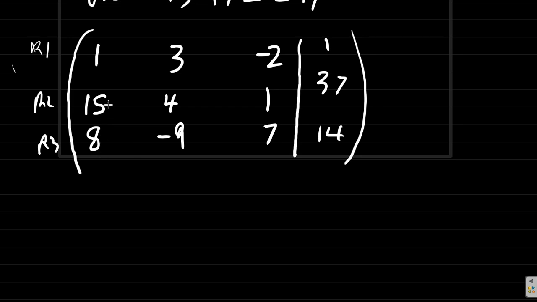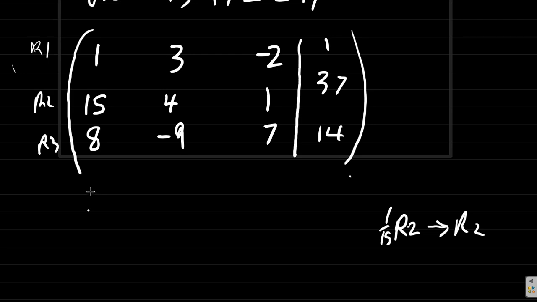Alright? Or what we could do? Divide row 2 by 15. Alright? So we have row 2, 1 over 15, row 2 will lead to our new row 2.